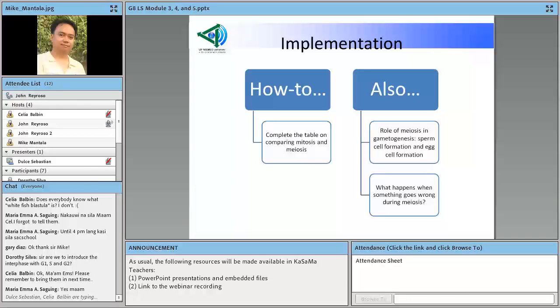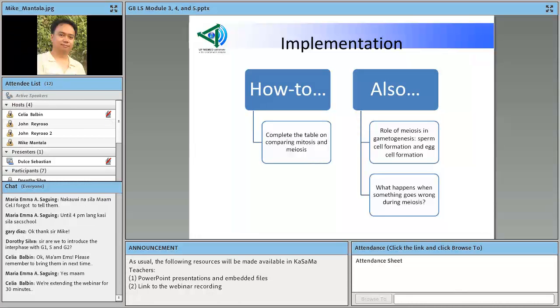Mitosis is an equational division, meaning if you start with 2n, you end with 2n, so all the daughter cells would have the same ploidy number as the parent cell. Whereas in meiosis, after meiosis 2, each of the 4 daughter cells would have just the haploid number of chromosomes.